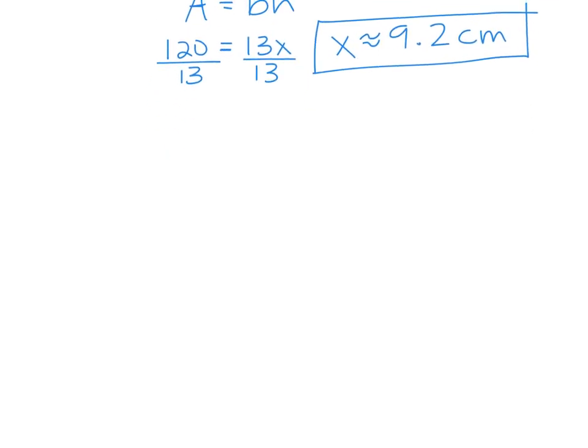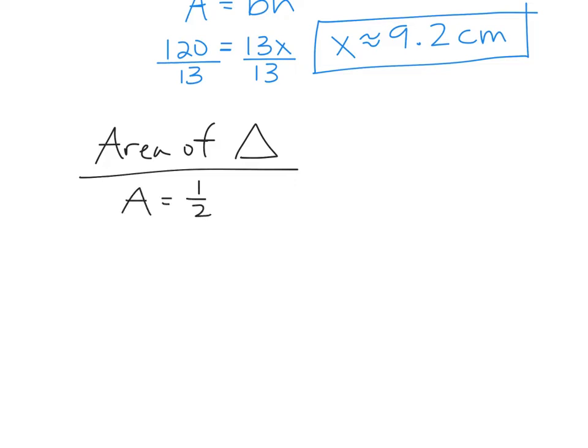Next. So that's parallelograms. You're going to do a lot with that. And then you're also going to do a lot with this, area of a triangle. Can anyone tell me the formula for the area of a triangle? The area of a triangle is base times height divided by 2. Right.